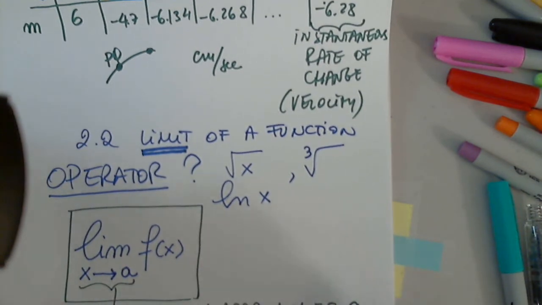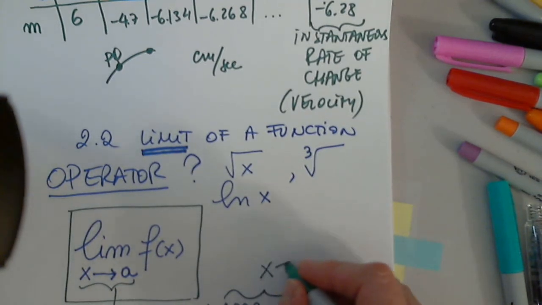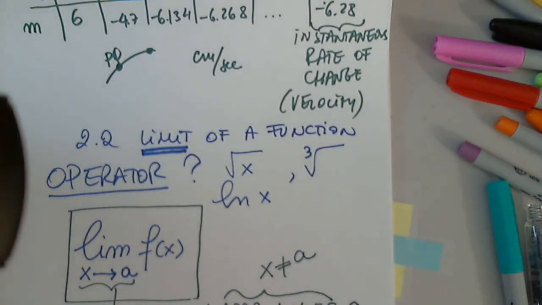When x approaches a number, a is a number, from either side. The word approaches automatically means x does not equal a. When we say approaches, we mean gets closer and closer and closer, but it does not equal a.